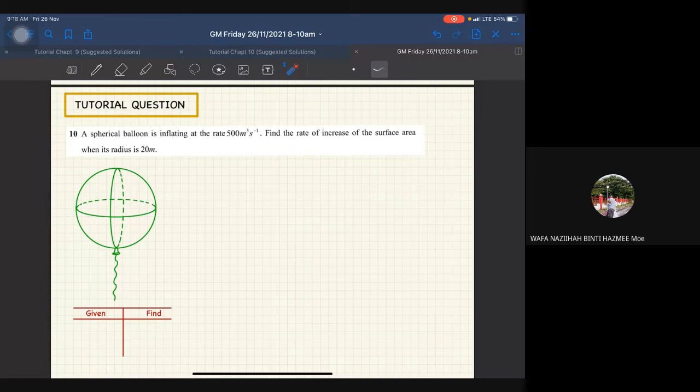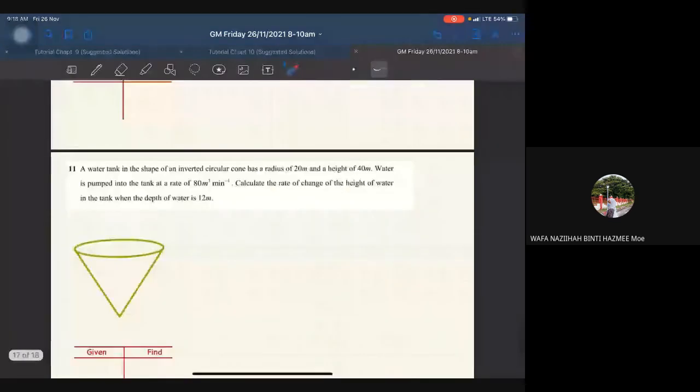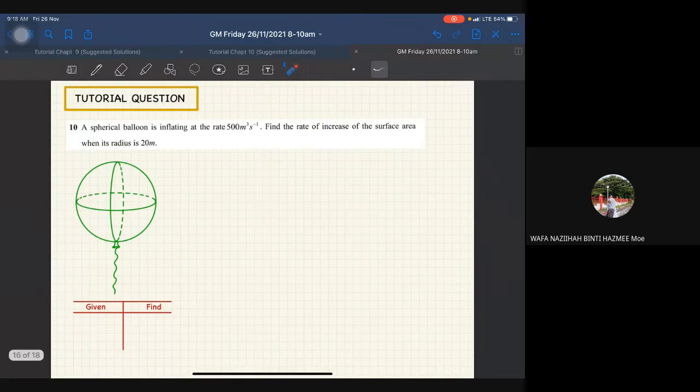So volume dia increase. Okay, so information yang kita ada dekat sini is dV dt. Kenapa dV? Sebab kat sini adalah cube. So dia adalah volume. So we have dV dt is equal to 500. Okay, and then dia cakap dekat situ, find the rate of increase of the surface area when its radius is 20 meter.